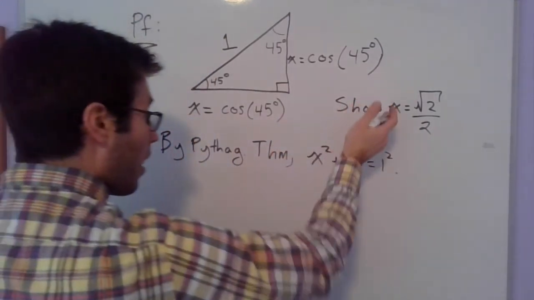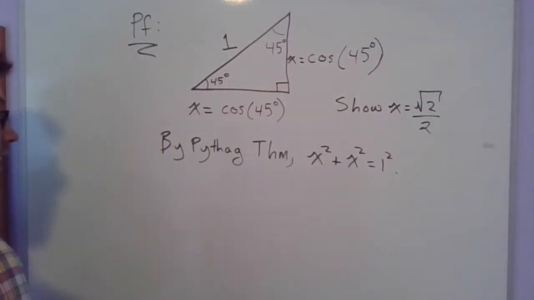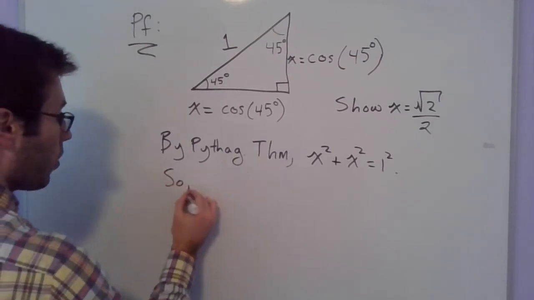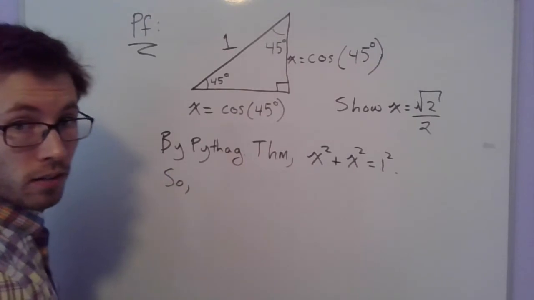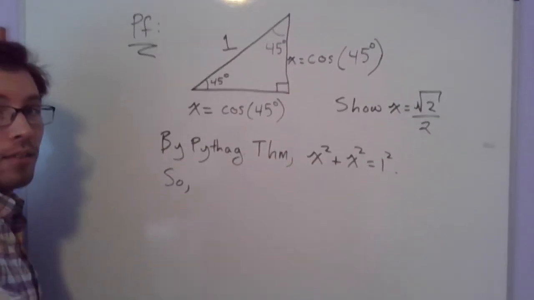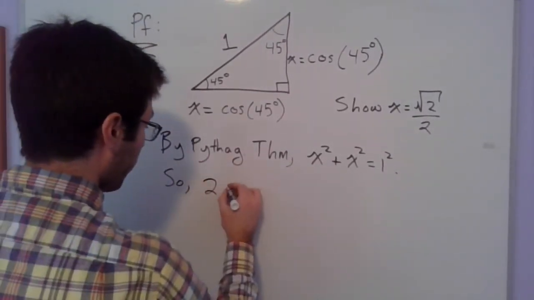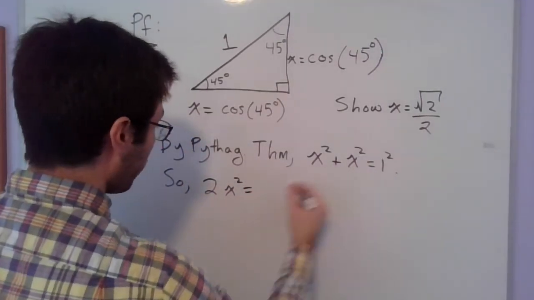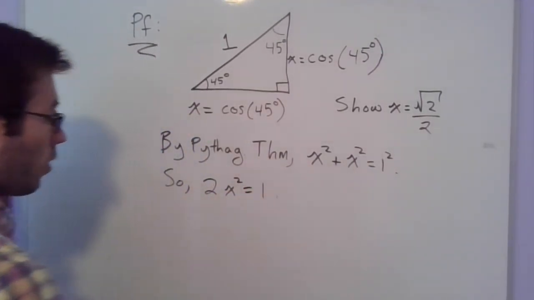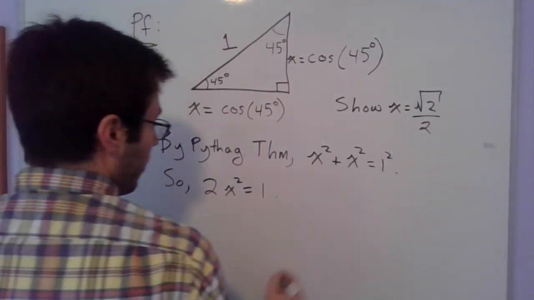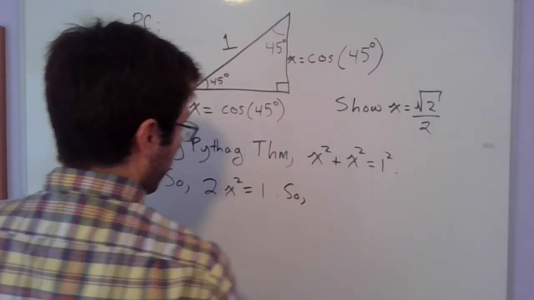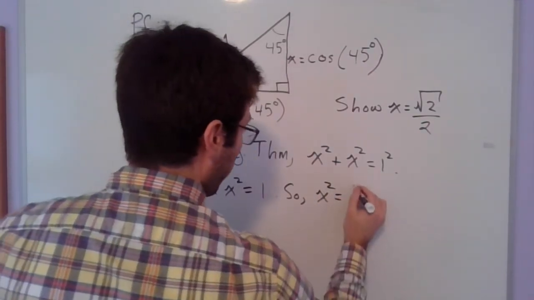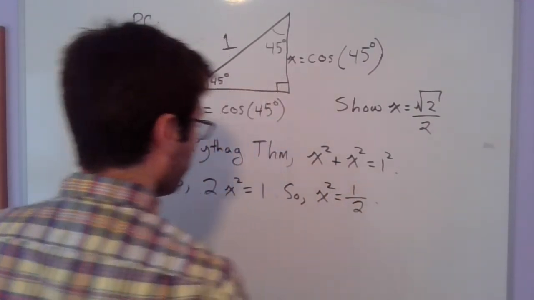I think I can figure out what x is, and I'm going to try and show that it is equal to that. So I have 2x squared right here. So I'm going to write 2x squared must be equal to 1 squared, which is just 1, so 2x squared is equal to 1. This implies that x squared is equal to 1 over 2.